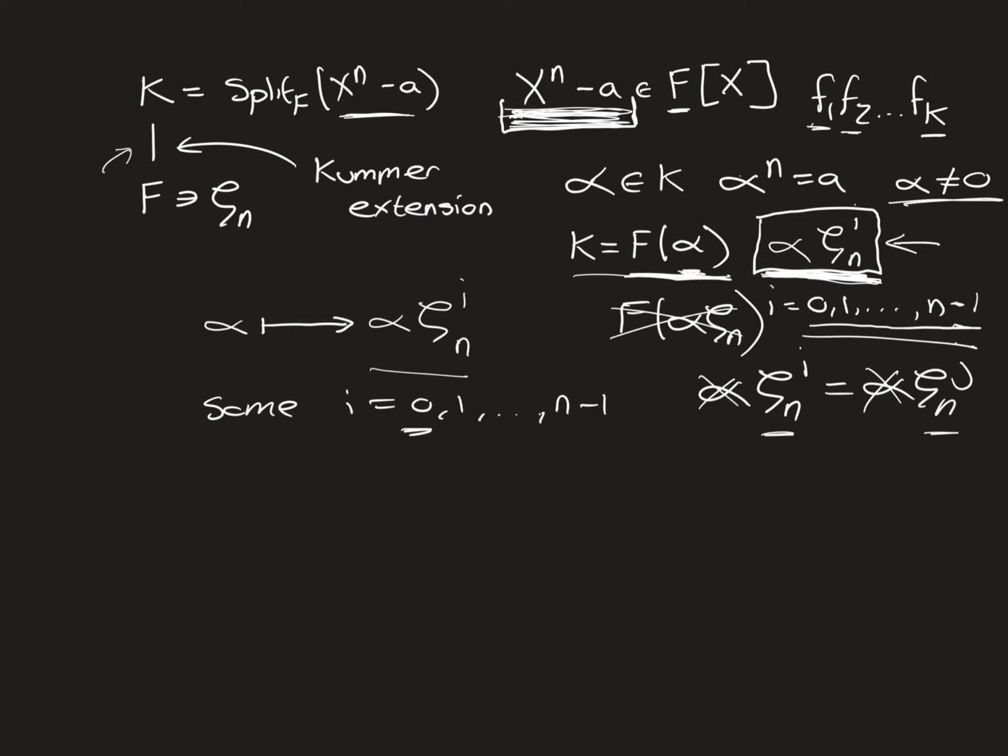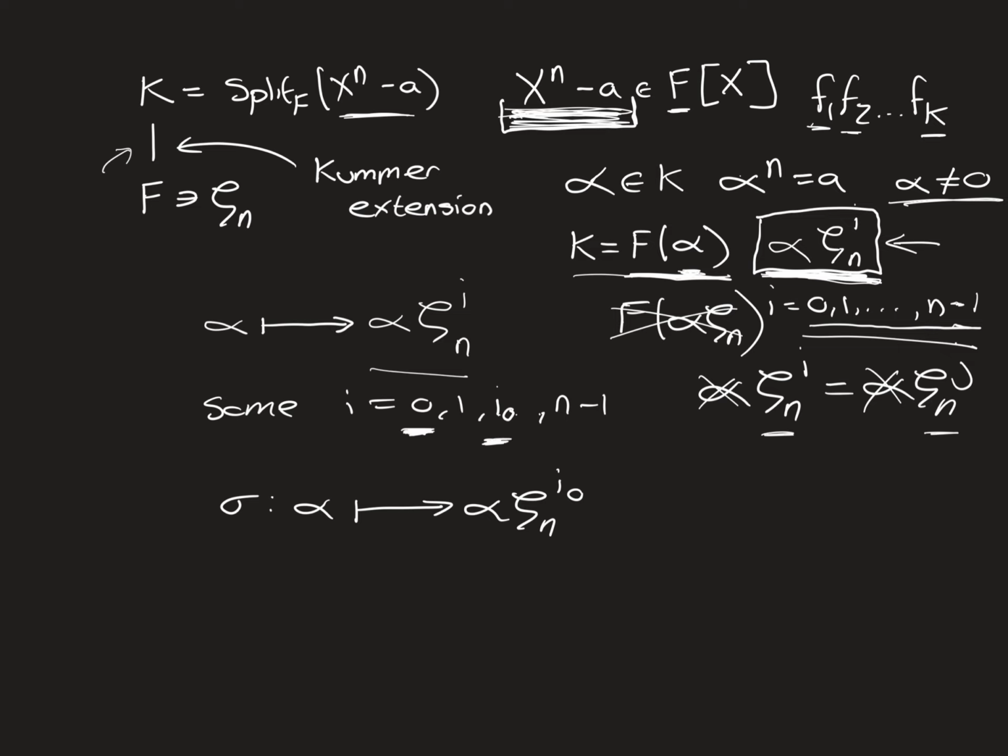So what I can do is look at the smallest i value for which it actually still is an F automorphism, call that i0 here, and then I could call sigma my map that maps alpha onto alpha zeta n to the power of i0. Of course, I'm not counting 0, we know 0 is an automorphism.